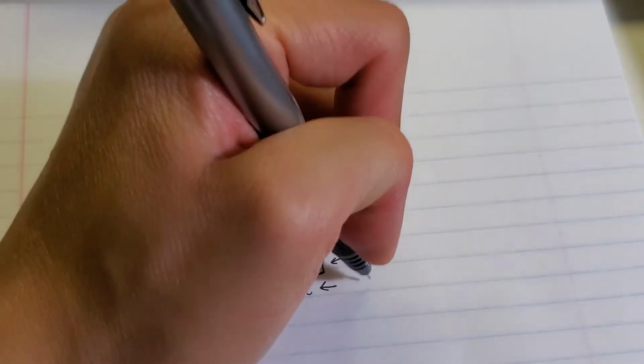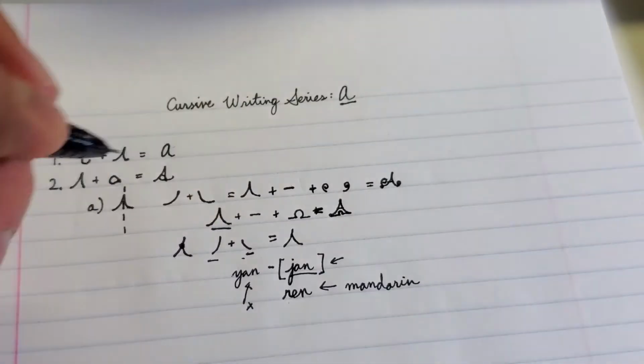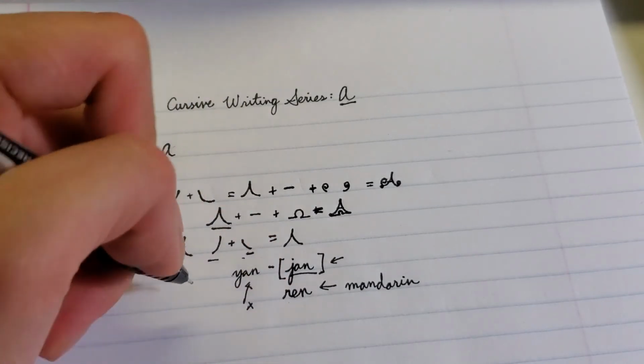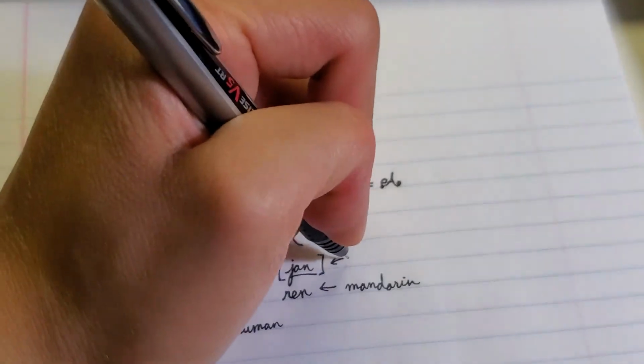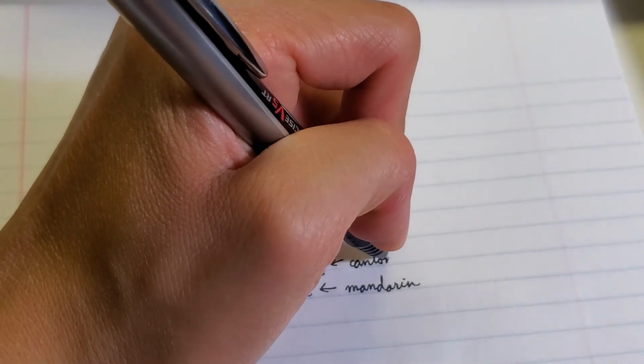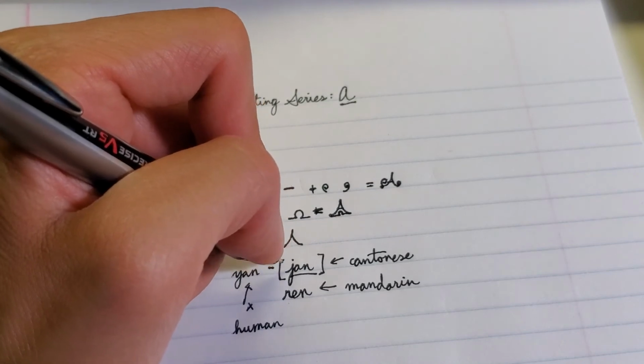So make sure this is the Mandarin word for human, and this is the Cantonese word for human, which is yan.